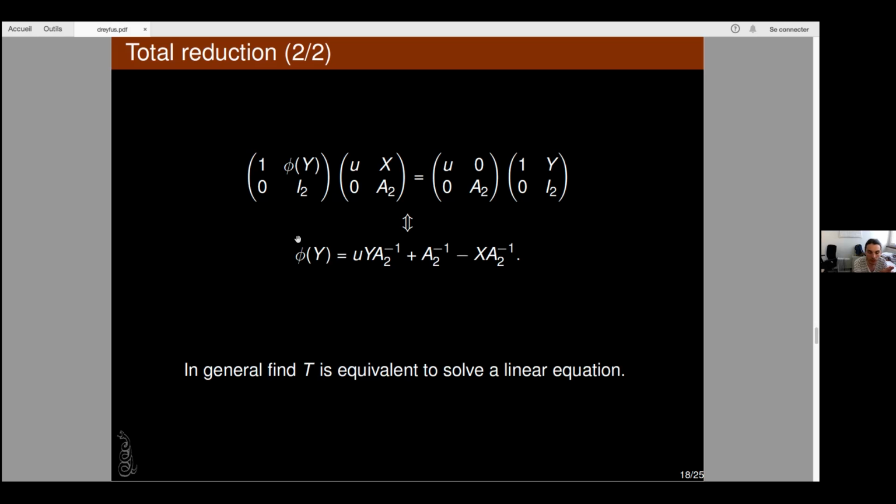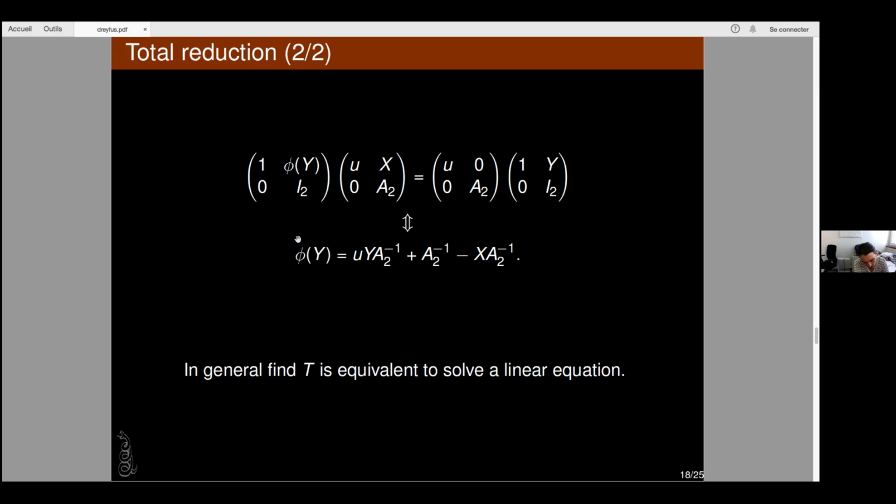And so more groups may occur, and in general, finding this T is totally equivalent to solving a linear equation in coefficients in K. So that was the reason why in the beginning I said that you need some basic blocks.